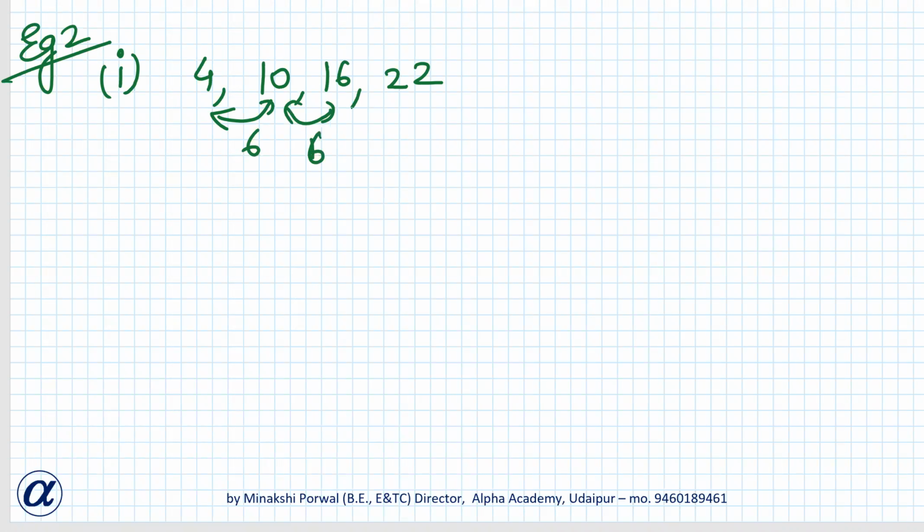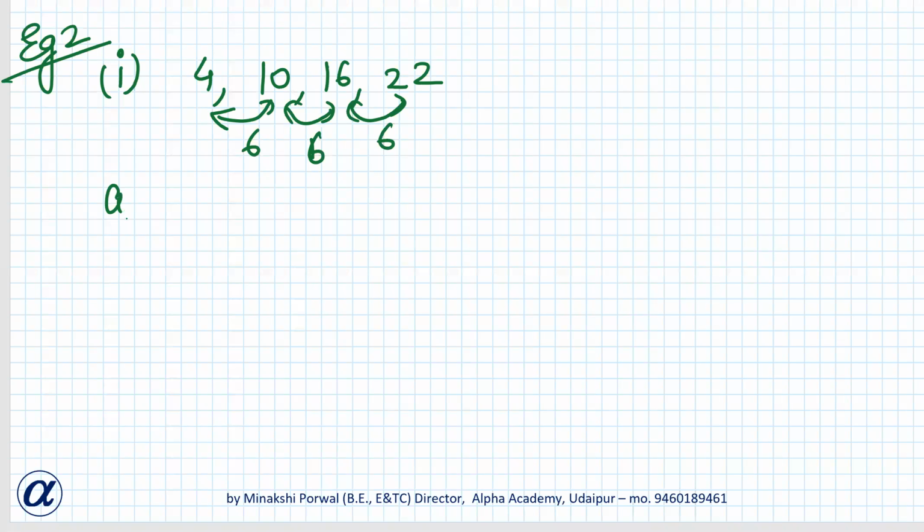Which of the following lists of numbers form an AP? If they form an AP, write the next two terms. So we have to check whether they form an AP or not. The common difference should be the same; basically, the difference between two consecutive numbers should be the same. So 10 minus 4 is equal to 6, 16 minus 10 is also equal to 6, and 22 minus 16 is also equal to 6.